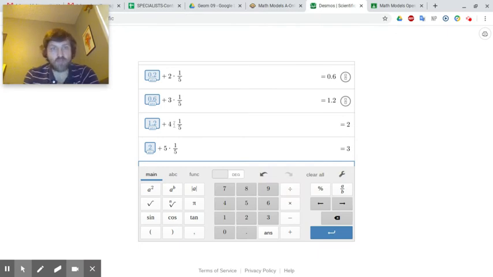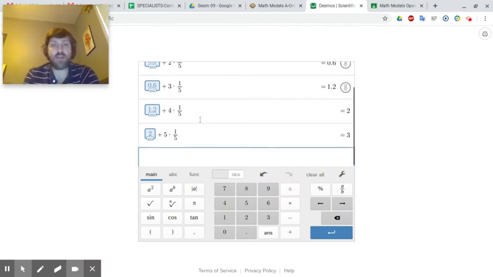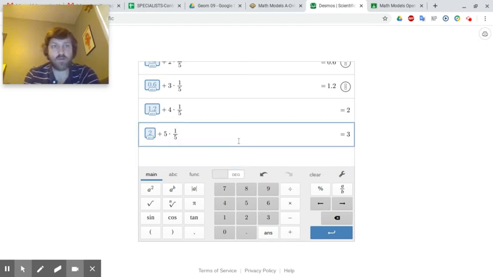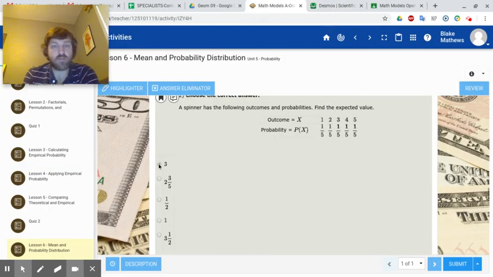Then I added that to 4 times 1/5, and then I added that to 5 times 1/5. Like I said, you might want to calculate each one of the 5 things individually and then add them all up, and that's fine. But when I did it all, I get 3 as the answer. So that means my expected value is 3.